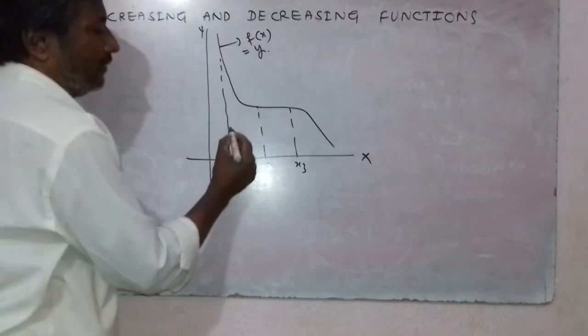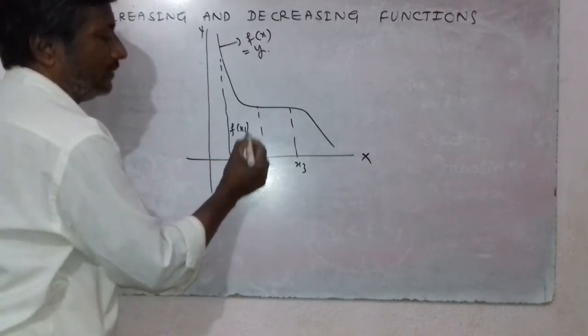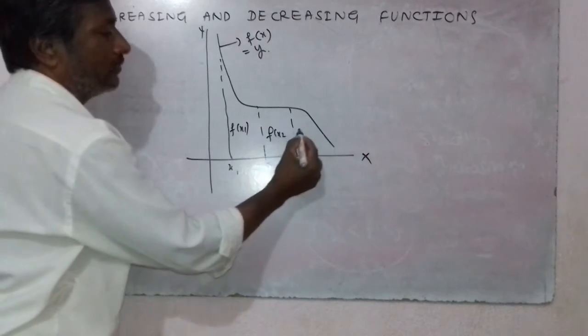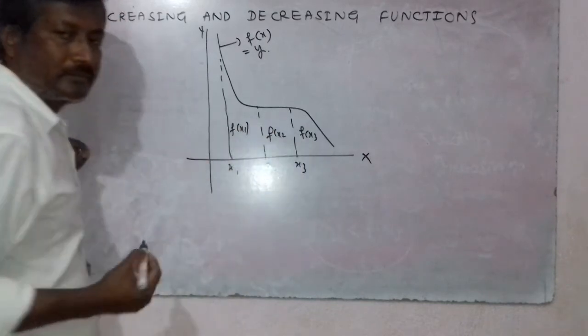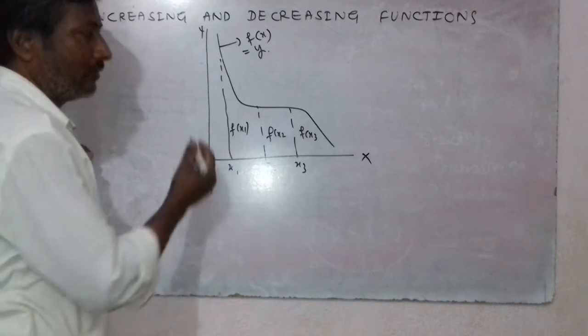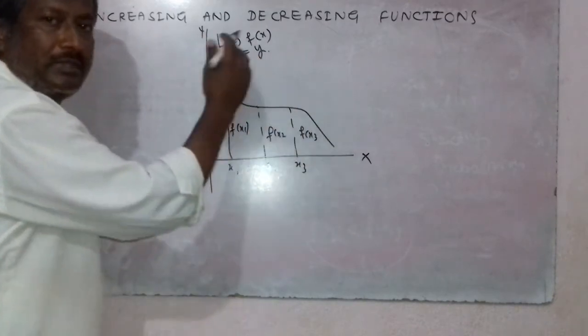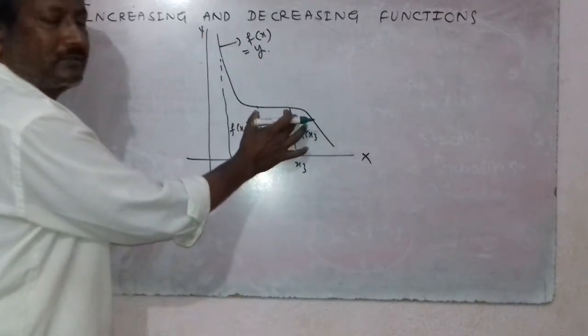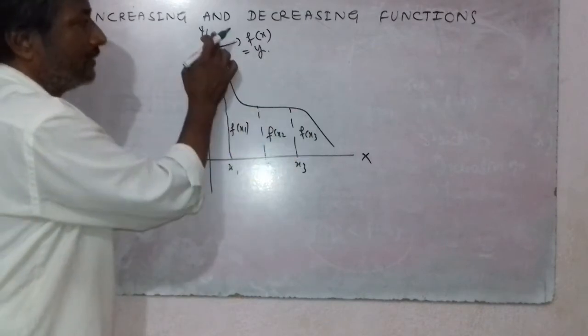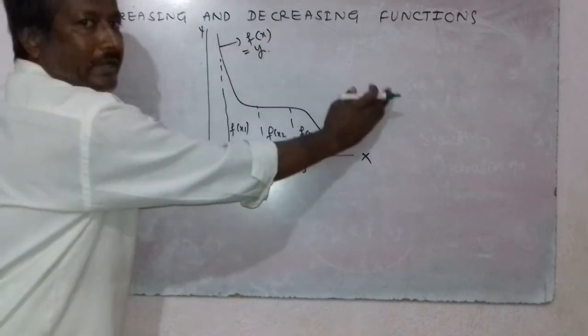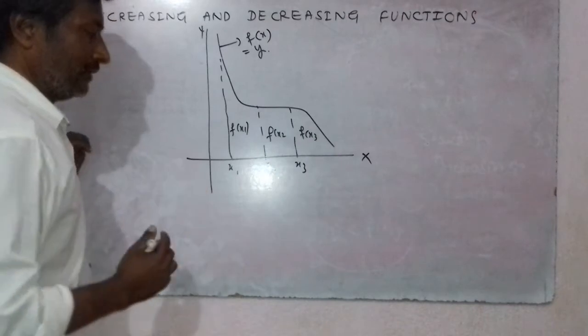So here it is f of x1, f of x2, f of x3. So naturally the graph is decreasing at this stage. Till then, from left to right, the graph is decreasing.